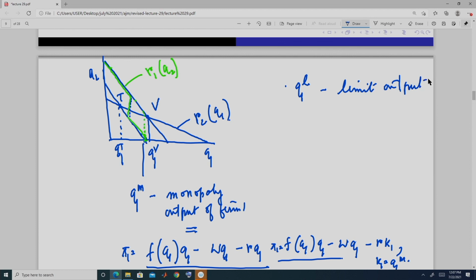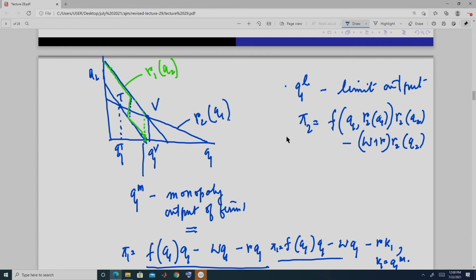We have already defined what we mean by the limit output, because we can write the profit of farm 2 as a function of Q1. If we plug in the reaction function, we get this.